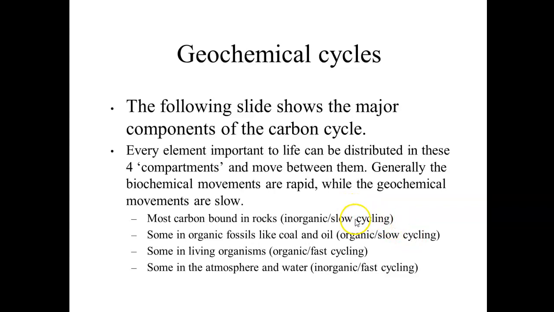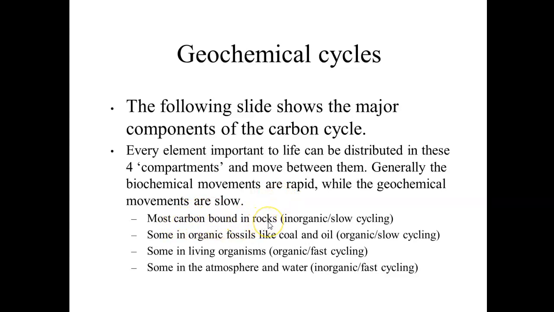An element in that particular compartment is going to stay there for a really long time. And then one each of organic and inorganic fast compartments, the element can be moved from one chemical form to another, and enter or leave these compartments rather rapidly, fast cycling. So for instance, when we're talking about carbon, if you look on Earth, the vast bulk of carbon on Earth is in the form of rocks.